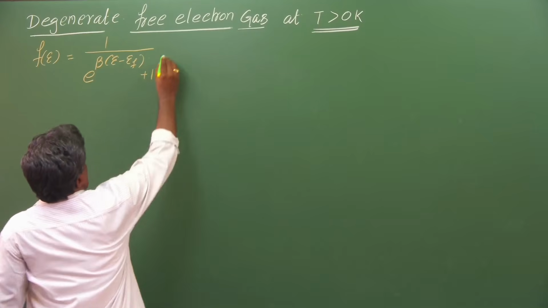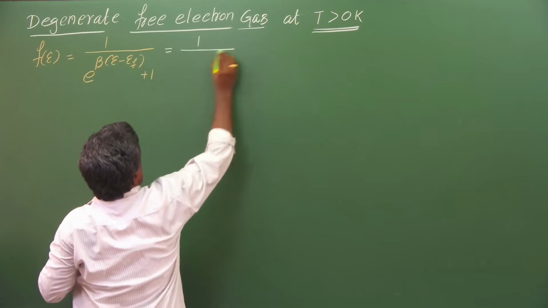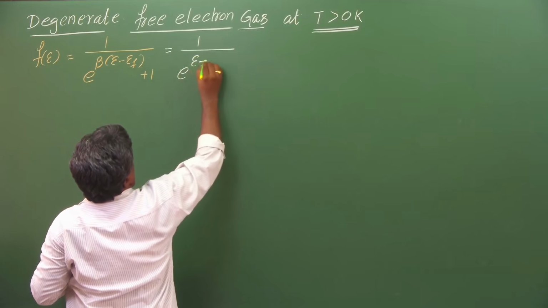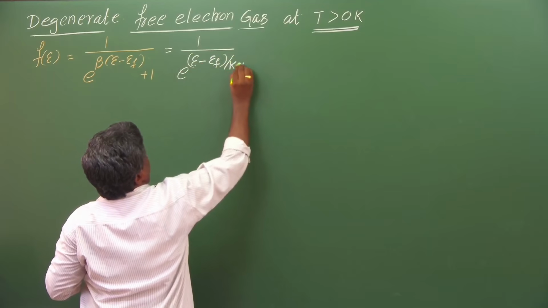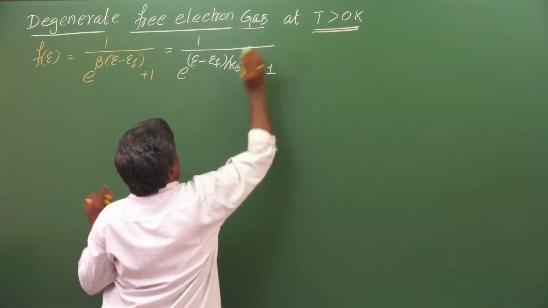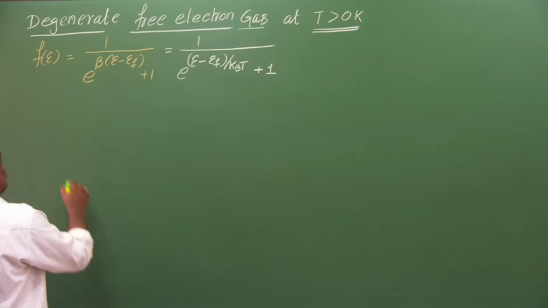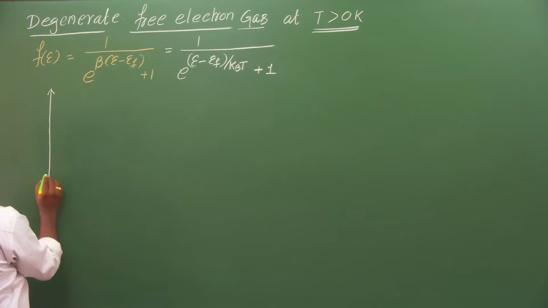So this can be written as 1 over e raised to (E minus EF) by KBT, plus 1, because T is not equal to 0.